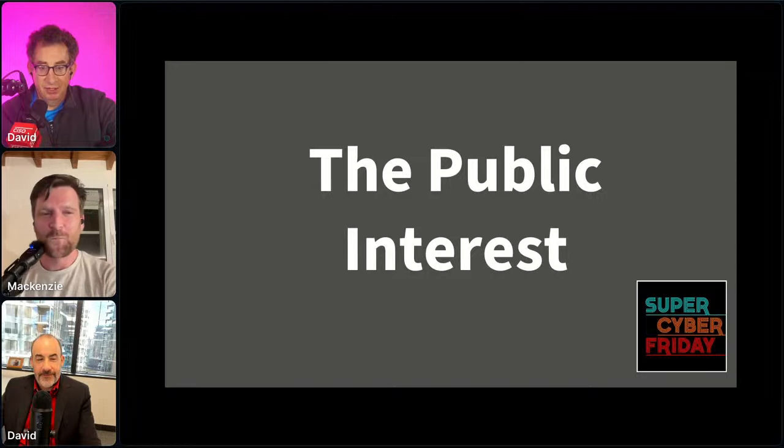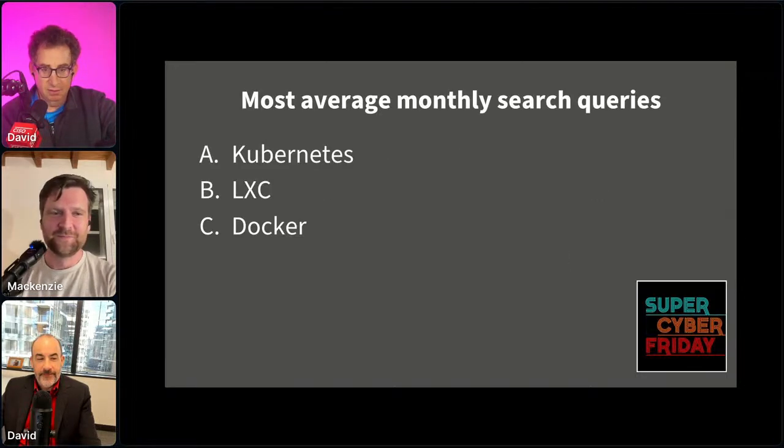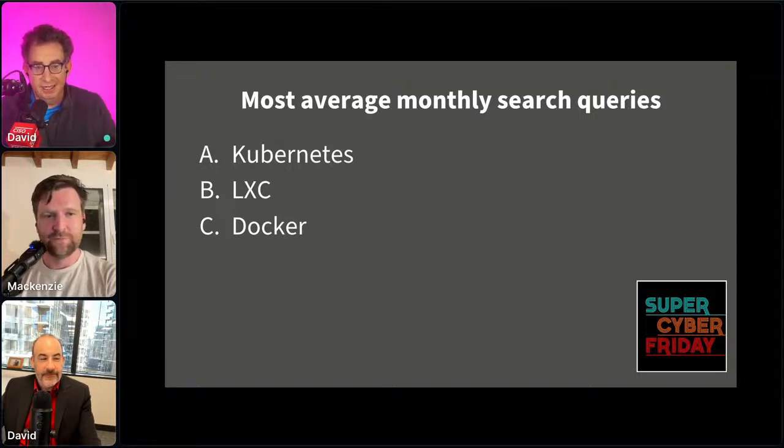All right, here we go. Most average monthly search queries: Kubernetes, LXC, or Docker. Which gets most? I'm going to go with A, because I think it's more confusing, so more people are searching for it.